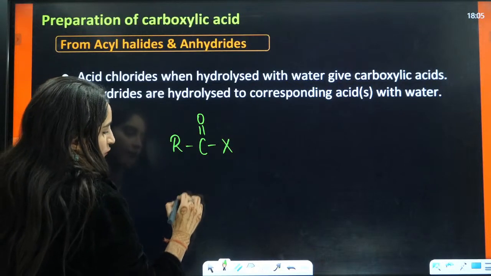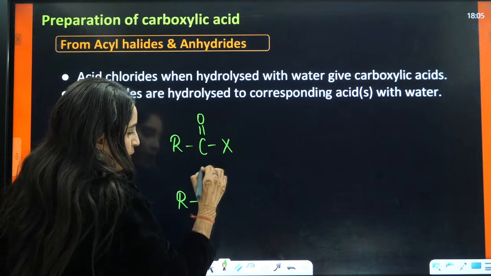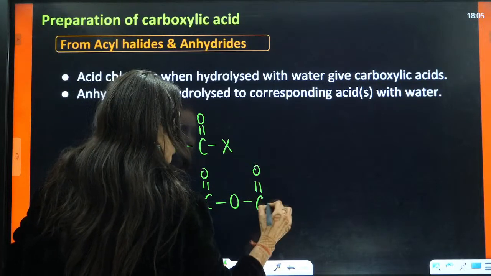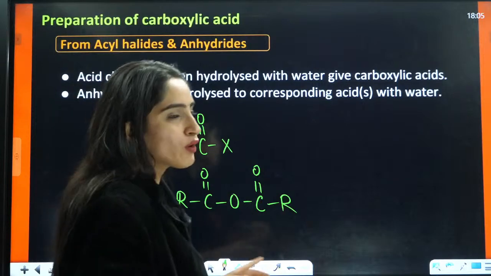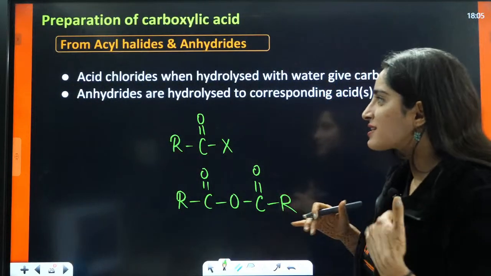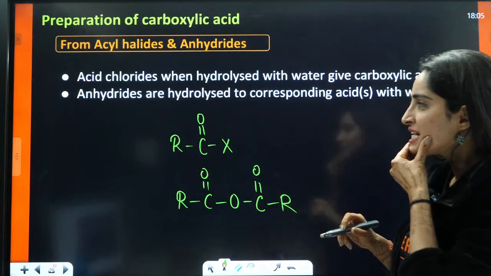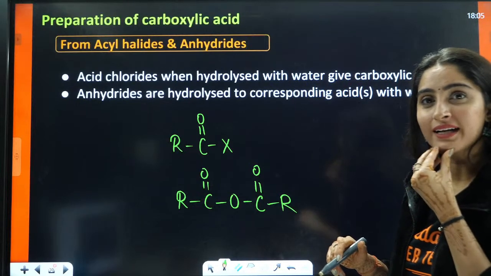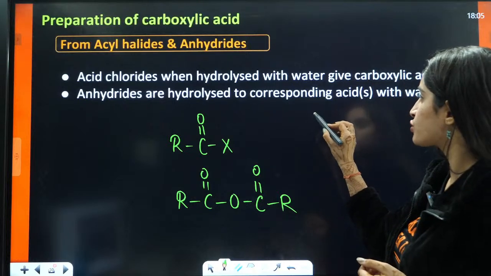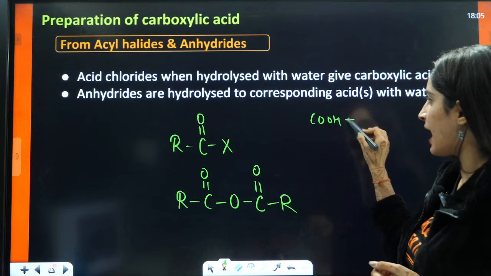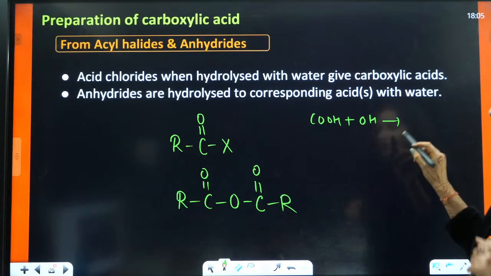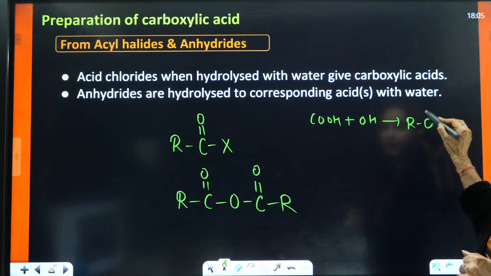Anhydride means you have RC double bond O, C double bond O, R. Now, can you recall some reaction of this kind where we used to do esterification? We used to have COOH and alcohol, and you used to make ester from that, right?